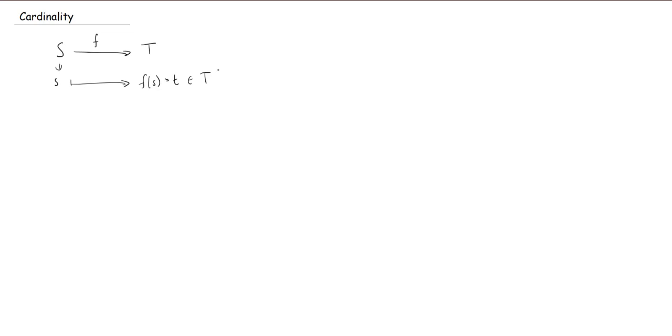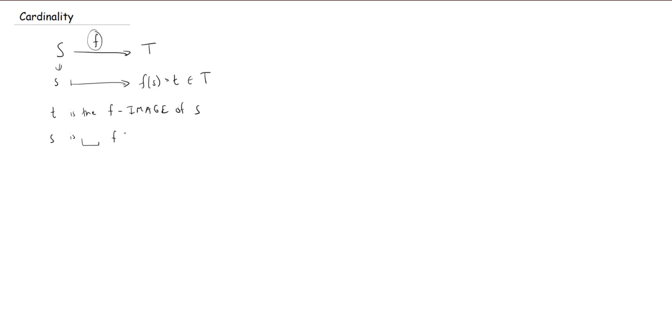So in this case, we often would say that little t is the image, or if we need to be specific, we're talking about this function, the f image of s. And, well, we could also go backward, and we could say that s is, well, let me leave this blank for a second.